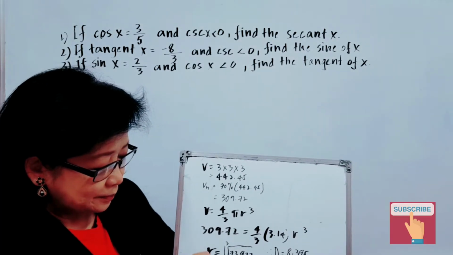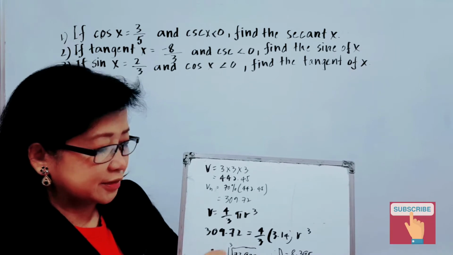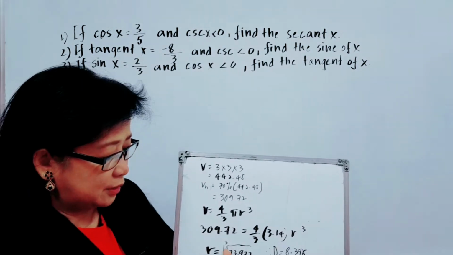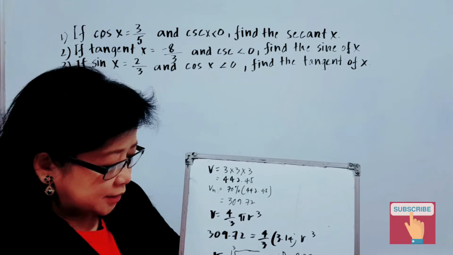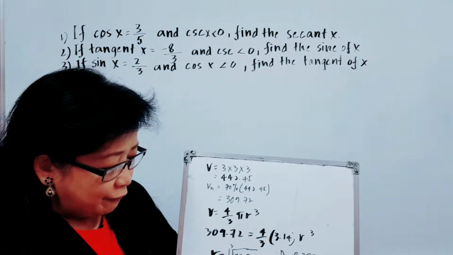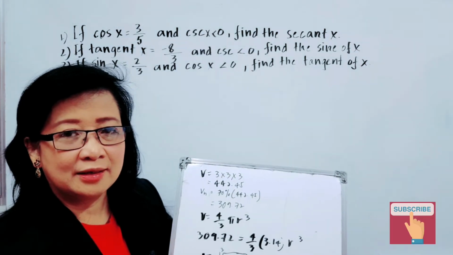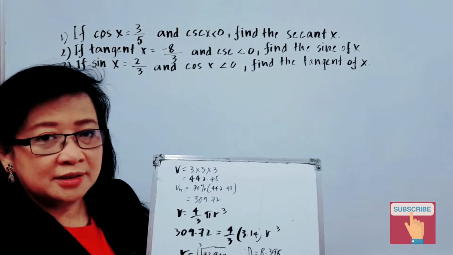Therefore, simplifying this, the radius is equal to the cube root of 73.977, which is equal to 4.197. Now, of course, this is in centimeter.